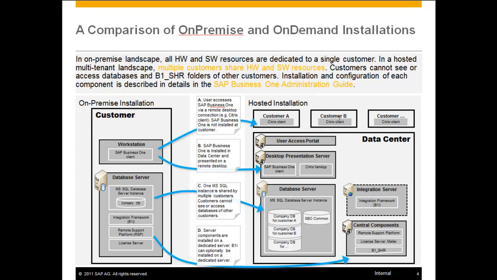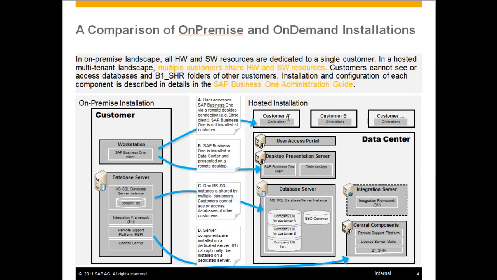All right? Now, in the data center, so let me be very, very clear for a second. In our model, it is a thin client. So all you need to have on your system to access SAP Business One is a web browser. The web browser accesses the user access portal, the necessary client ActiveX controls, or if you're using Citrix, the Citrix receiver is deployed onto your workstation, and that's it.